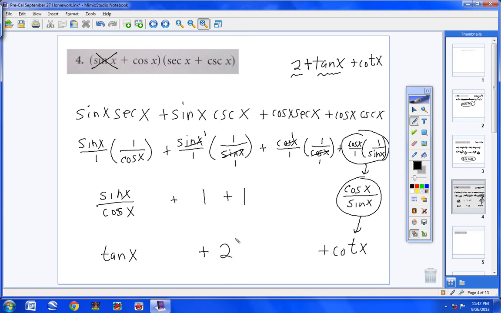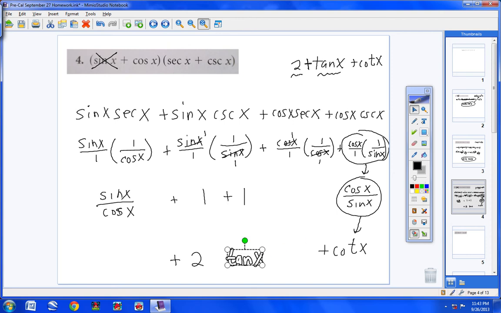So this thing is spread out really big, and all you have to do is move things around. Like in your answer here, they want the positive 2 first. So just grab the positive 2 and put it over here for a second. They want the tangent x second, so we'll put that right here. Move this here.